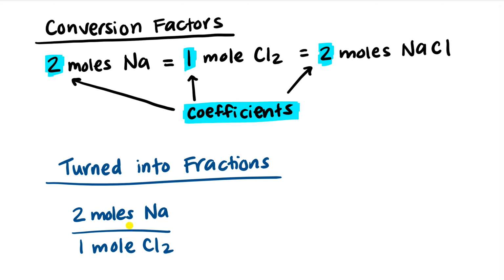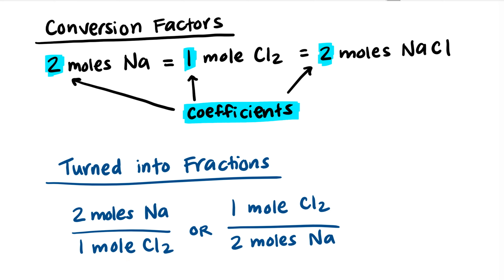What we're saying, when we write them as fractions, is that the numerator is equal to the denominator, which is exactly what we've said here in our conversion factor. 2 moles of sodium is equal to 1 mole of chlorine. I could flip it around and put chlorine on top and the sodium on the bottom. We're saying the same thing here: 1 mole of chlorine is equal to 2 moles of sodium. But keep in mind, the number of moles for every single chemical species here matches its coefficient from the balanced equation.